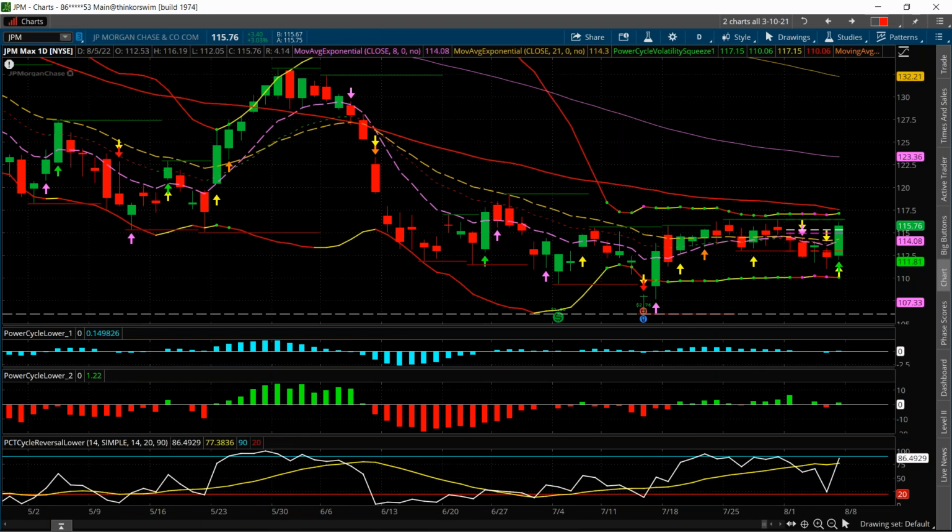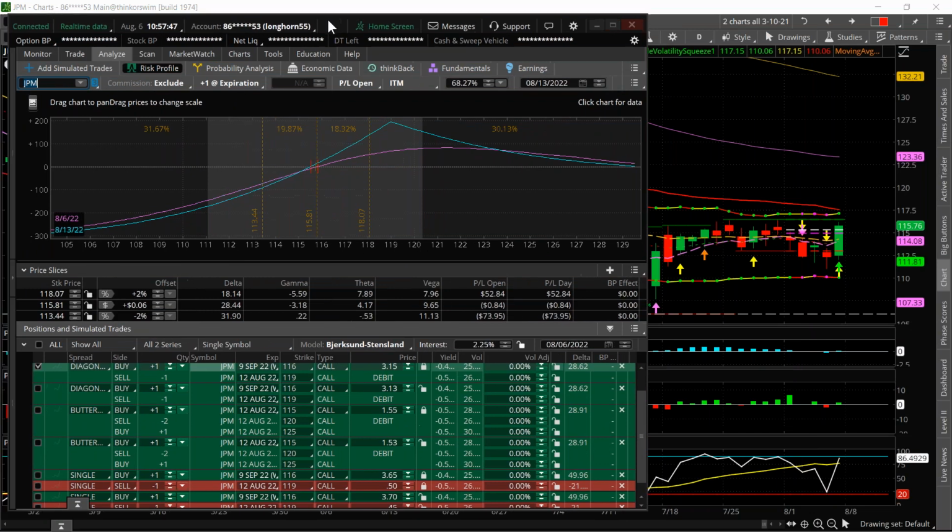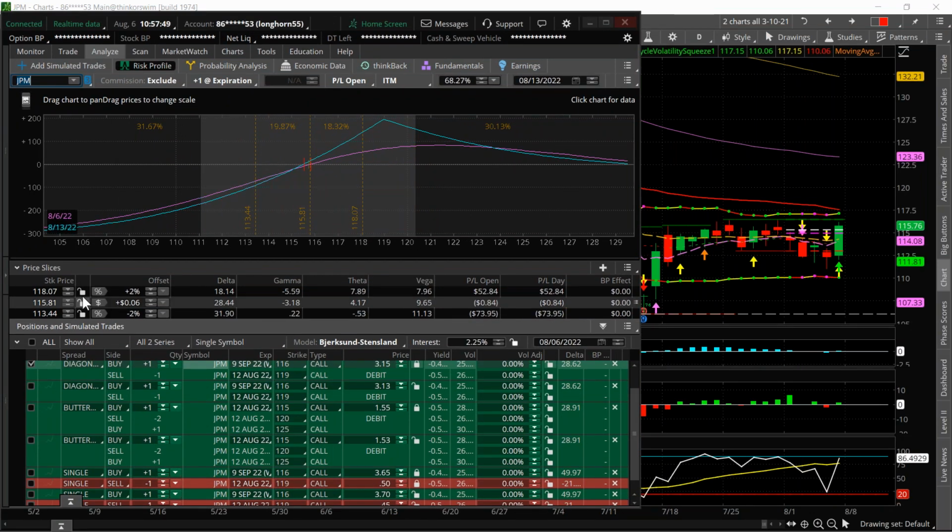And here's the trade that we did. So we sent out this alert trade. And the reason I sent this out, this is another part of the alert service, is to line up what option spread to use based on the market pattern that we're looking at.